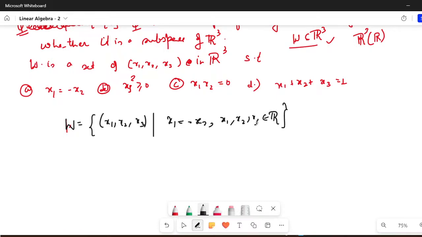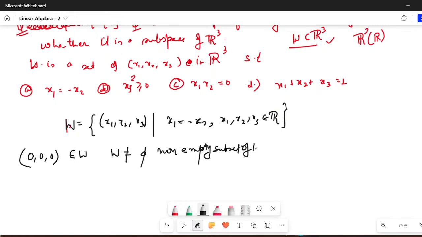We want to know whether this forms a subspace or not. Clearly (0, 0, 0) would belong to W. So W is a non-empty subset of R cube.